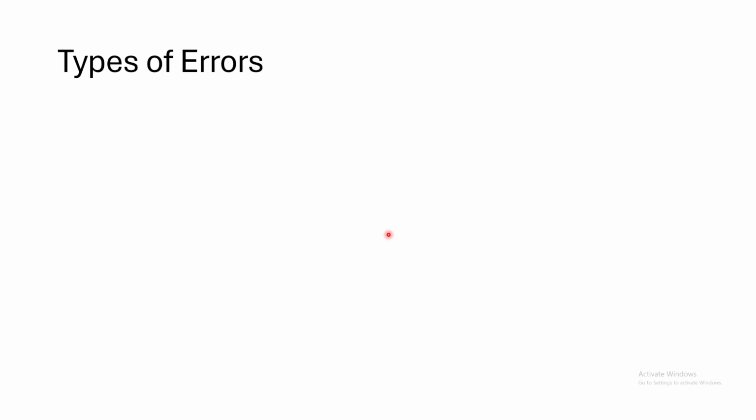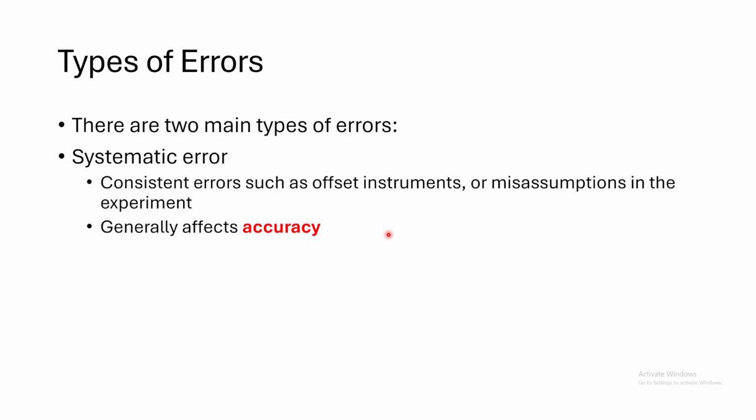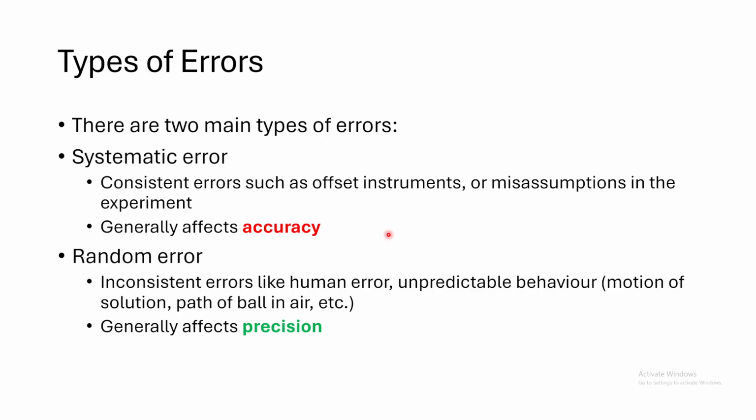So the types of errors: there are systematic errors and random errors, and these generally affect accuracy and precision respectively. And I say generally because there can be times where a systematic error affects precision.